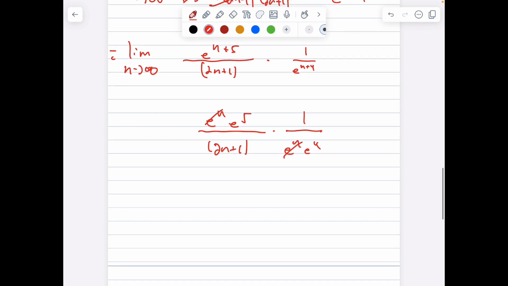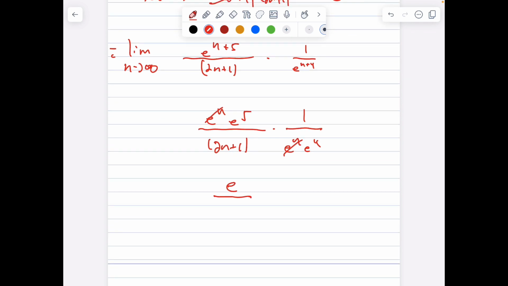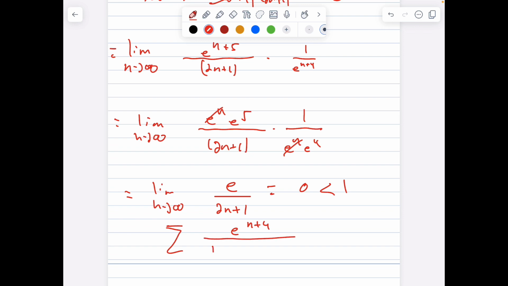The n's cancel, and then you have one e left over 2n plus 1. And of course, you have your limit sign. Don't forget it, because your professor will take a point off. This limit will just go to 0, so it's less than 1. Therefore the series e to the n plus 4 over 1 times 3 times 5 up to 2n minus 1 would converge.